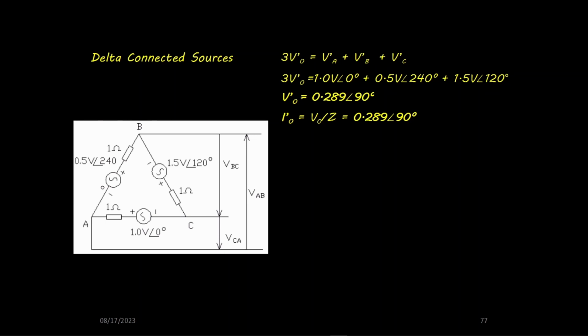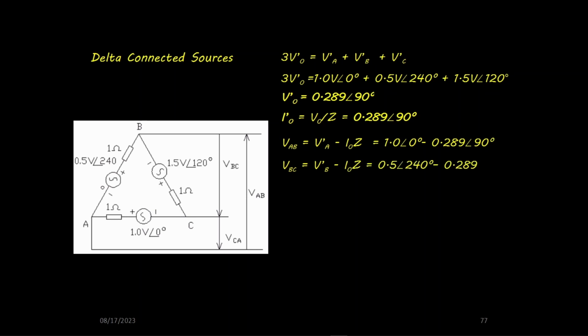Calculating the line-to-line voltages, VAB equals VA minus I0 times Z equals 1.0 at 0 degrees minus 0.289 at 90 degrees.